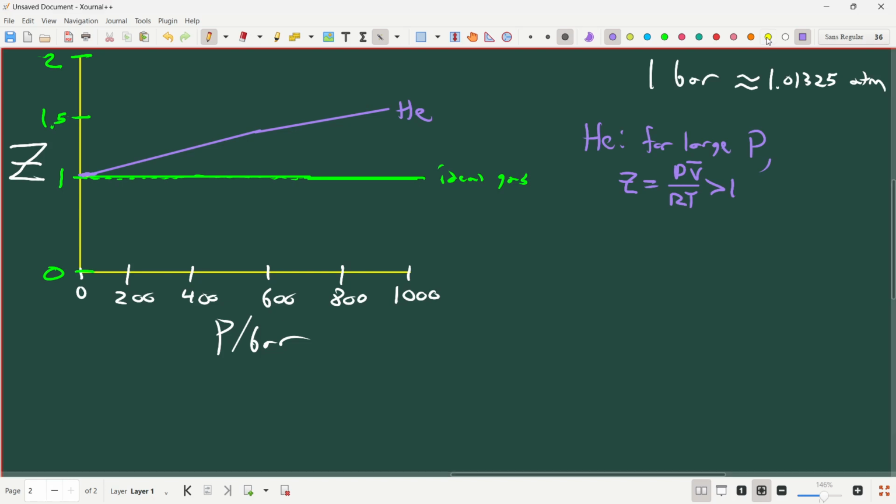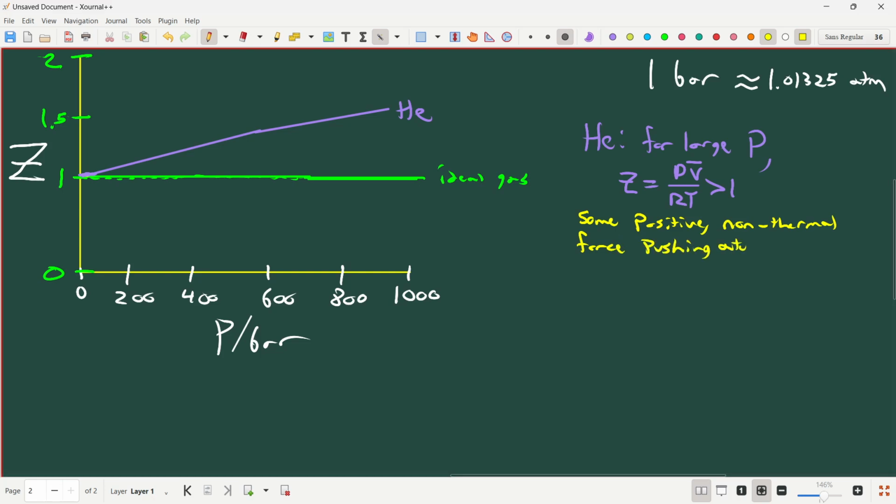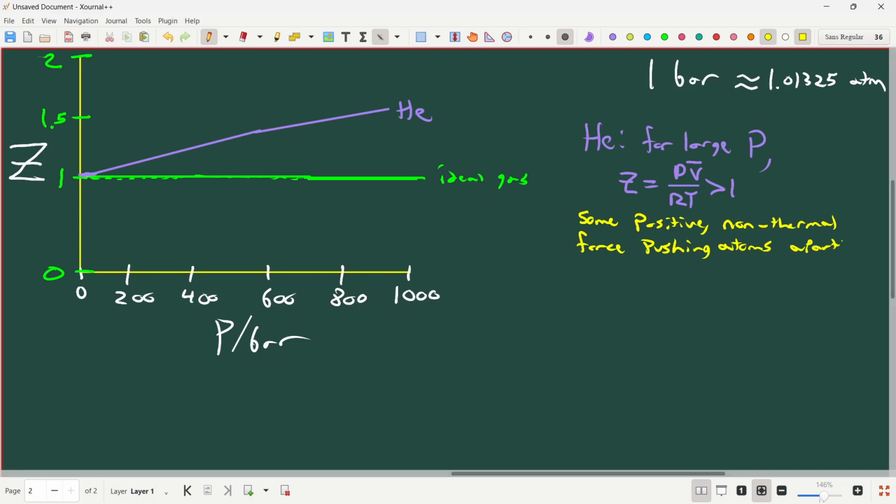So what this means is there's some positive non-thermal force pushing the atoms apart. It's getting a little extra kick from something to fill the box. There's an extra work kick happening as the gas fills. All right, very interesting.